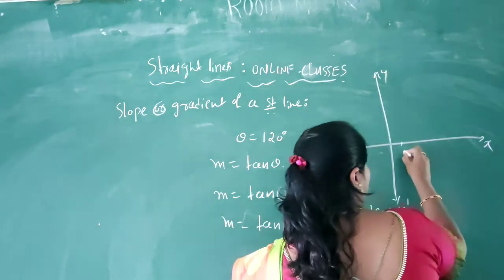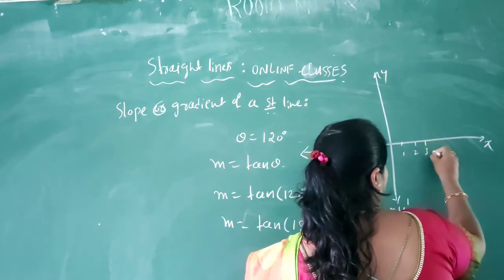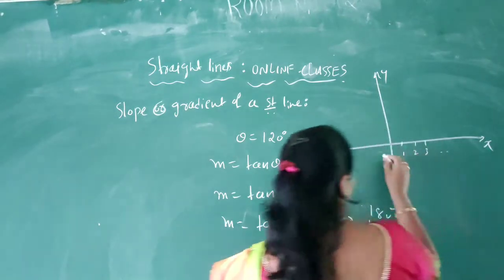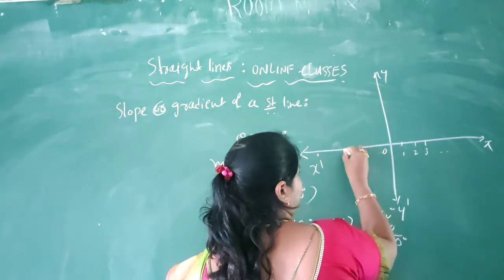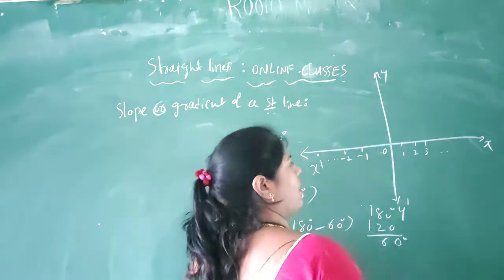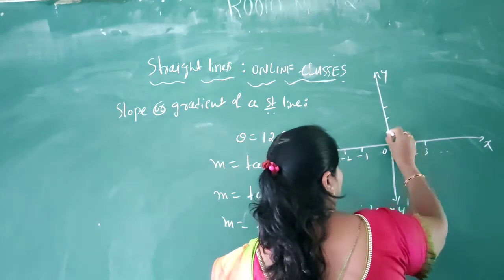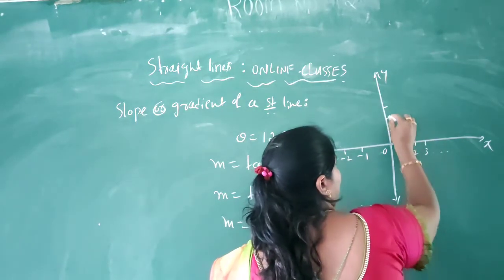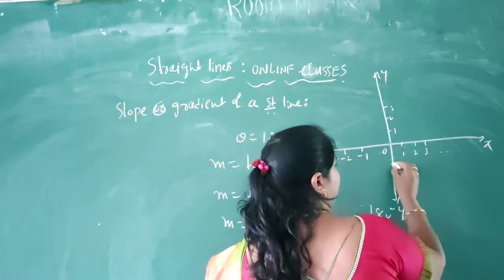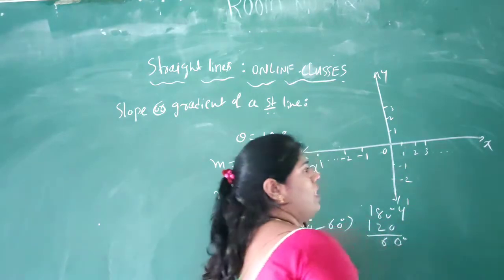Positive values come on the right side of 0, and negative values come towards the left side of 0. In the y-axis you get positive values 1, 2, 3, and here minus 1, minus 2, like this.